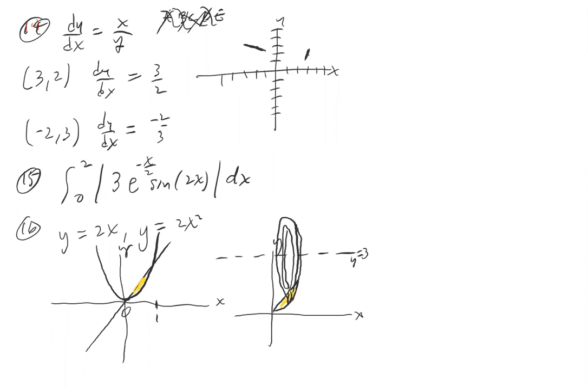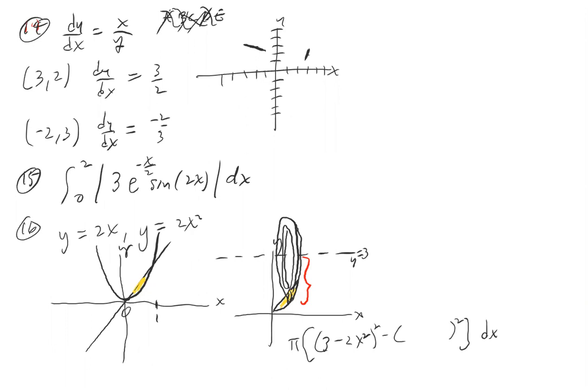So what's the formula for the washer? Pi, big R squared minus small r squared, dx. The big radius goes from the center to the outer edge. How do you find that? Top minus bottom: 3 minus 2x squared.